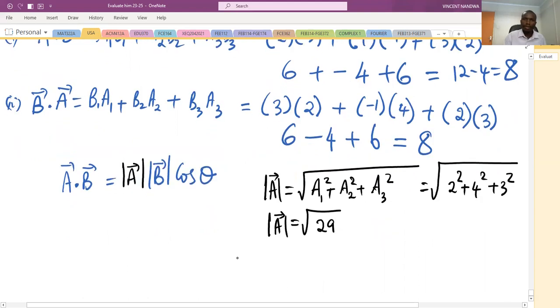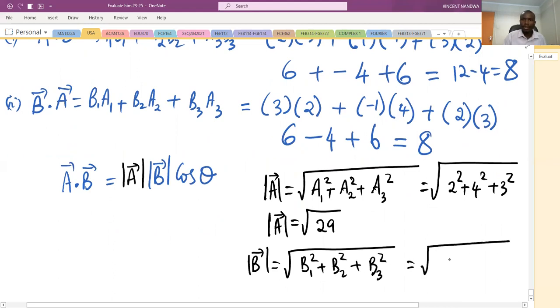And magnitude of B is the square root of B1 squared plus B2 squared plus B3 squared, which is the square root of 3 squared plus minus 1 squared plus 2 squared. That gives us 14.